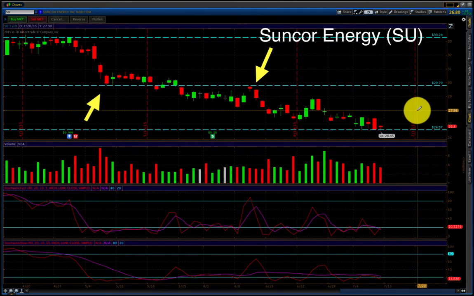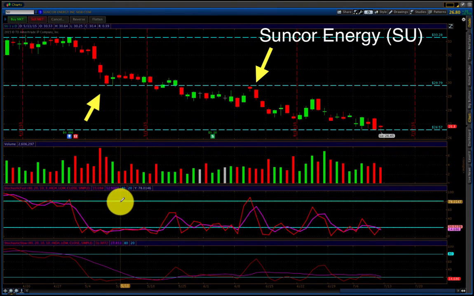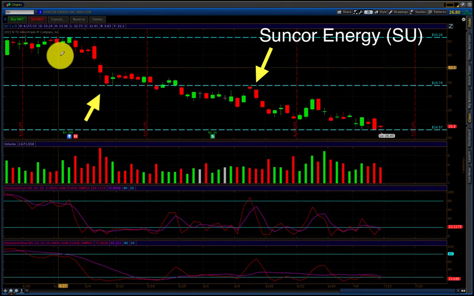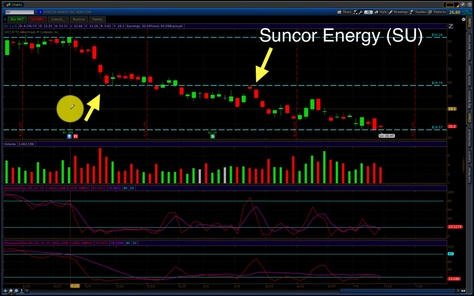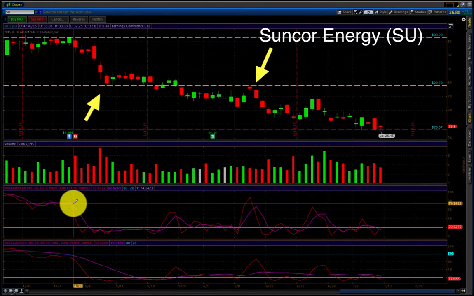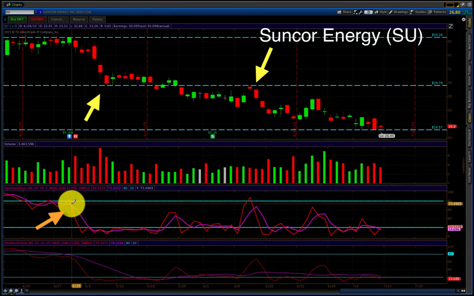And now let's see if that's actually confirmed. So it looks like this level was resistance up here. We get a signal. We get a fast signal here.